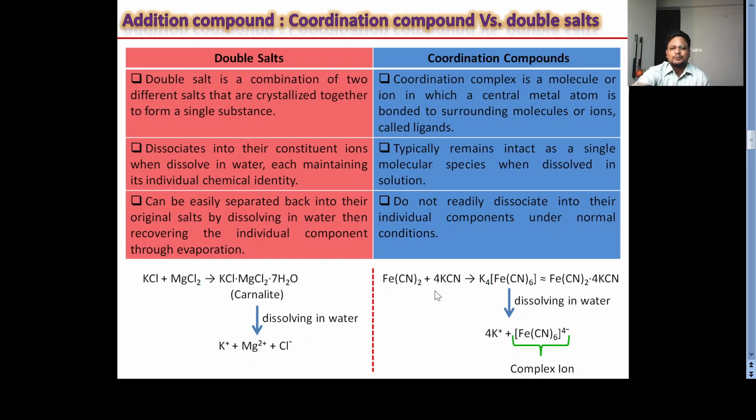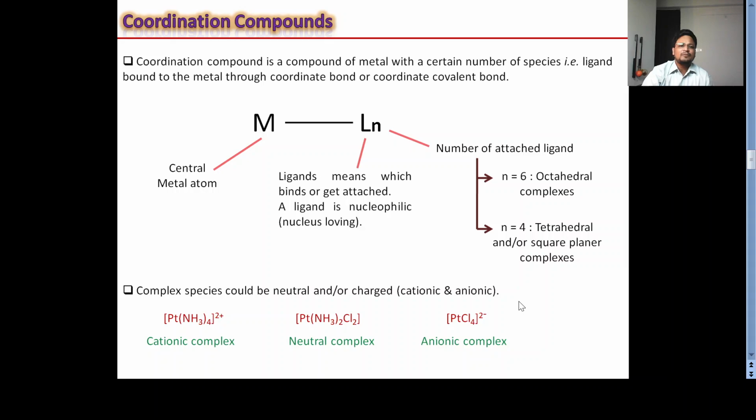Ferrous cyanide plus potassium cyanide gives potassium ferrocyanide. When we dissolve this potassium ferrocyanide, it doesn't produce all its constituent ions in water. Here we can see only potassium ion as well as a complex ion, that is ferrocyanide ion, is obtained in the water molecule.